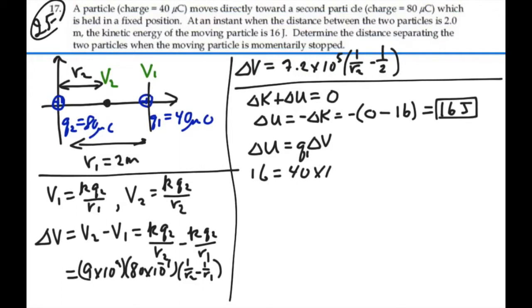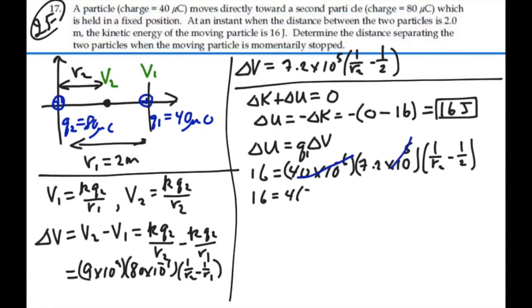So we have 40 microcoulombs times the change in potential, which we just found to be 7.2 times 10 to the 5, 1 over R2 minus 1/2. The 40 times 10 to the minus 6 will be 4 times 10 to the minus 5, and that will cancel with the 10 to the 5. So right now we have 16 is equal to 4 times 7.2, 1 over R2 minus 1/2.